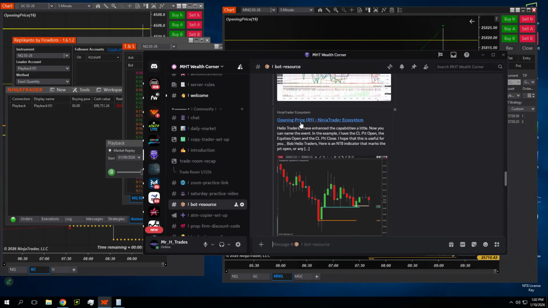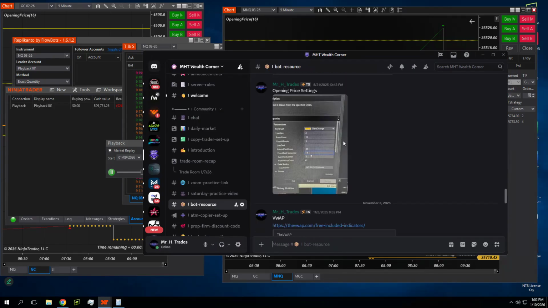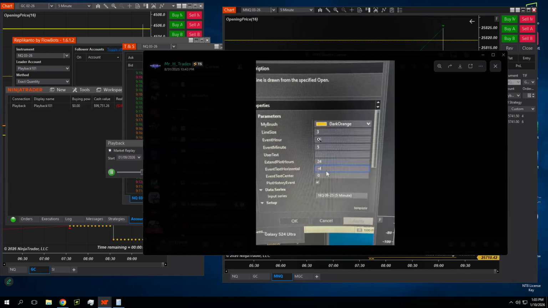Download opening price as an indicator, add it to NinjaTrader, and punch in these settings. The 1605 candle, you see that? I put the line size, just the size of the line, if it's thicker or skinnier. The hour is 16, minute is 5, event minute is 5 minutes, and the plot time is 24 hours. You want to extend it for 24 hours.